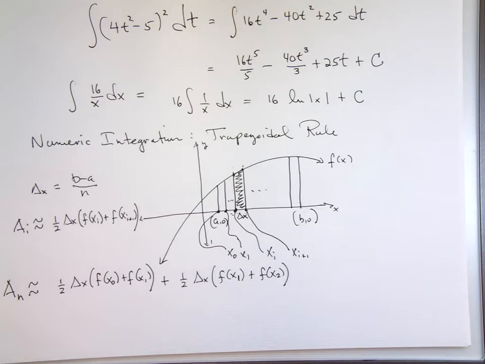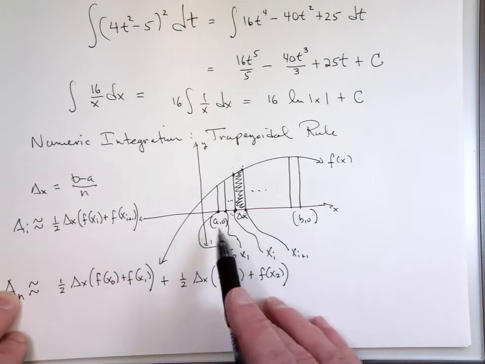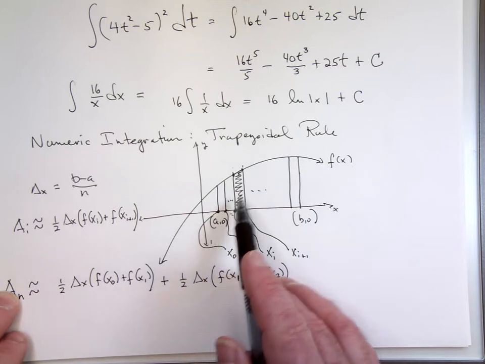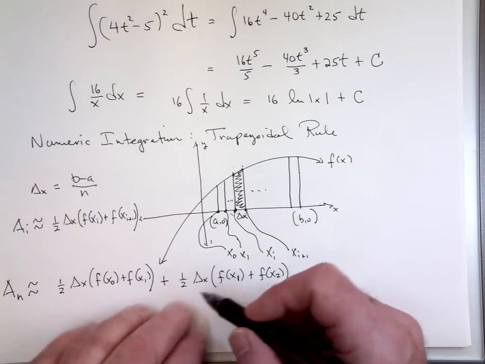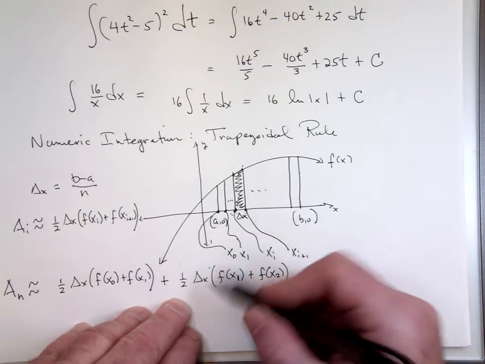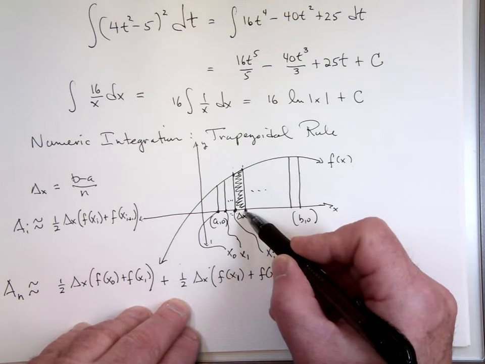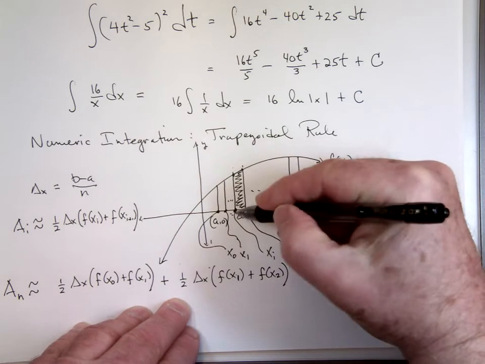Kinda, sorta. Okay. What I did here, I gave you the general form for the ith trapezoid, but now I'm starting at the beginning and adding them all up. Each trapezoid, the area of a trapezoid is 1/2 the height times the sum of the bases. The height of each trapezoid is delta x. The height is the distance between the two parallel bases. These are the two parallel bases. Okay?